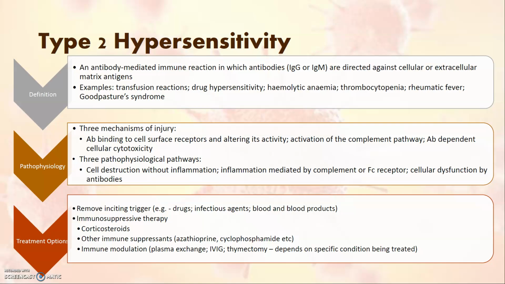There are 3 mechanisms of injury: antibody binding to surface receptors, which changes the activity of cells; activation of complement pathway, which causes destruction of tissues; and antibody-dependent cellular cytotoxicity. And these pathways can lead to either cell destruction without inflammation, or inflammation mediated by complement, or cell dysfunction due to the effect of the antibodies.